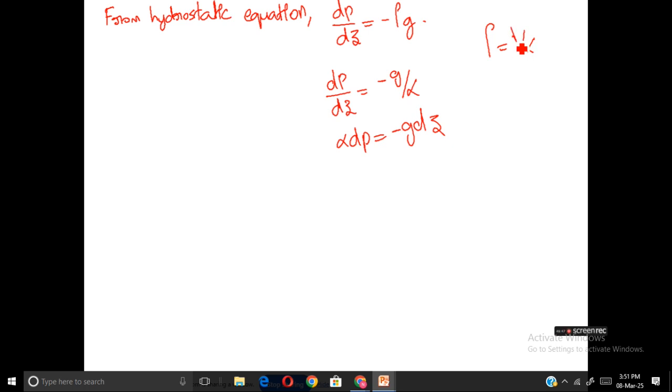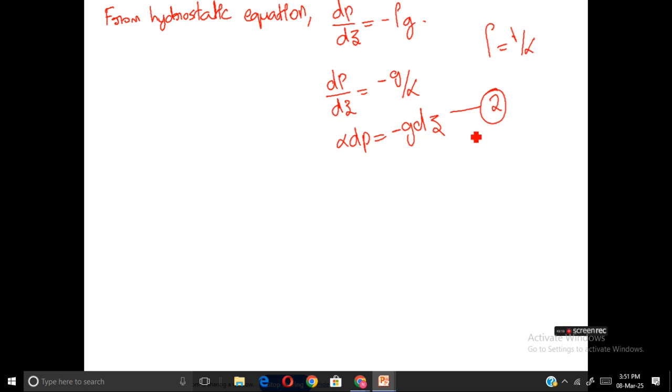So from the hydrostatic equation, we know dp by dz is equal to minus rho g. Basically, rho is 1 by alpha. So dp by dz can be written as minus g by alpha. And then it will further reduce to alpha dp is equal to minus g dz. So let this be equation 2. And the first law of thermodynamics that we wrote, Cp dT is equal to alpha dp, is equation 1.